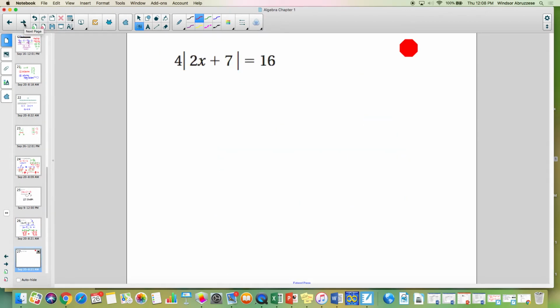And the last example is 4 times the absolute value of 2x plus 7 is equal to 16. So again, just like the last one, we want to eliminate any numbers that are around the absolute value expression before we start setting up our two equations.